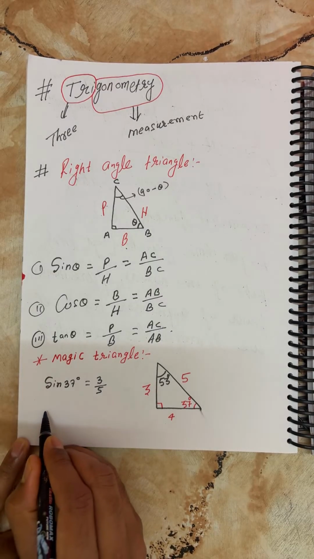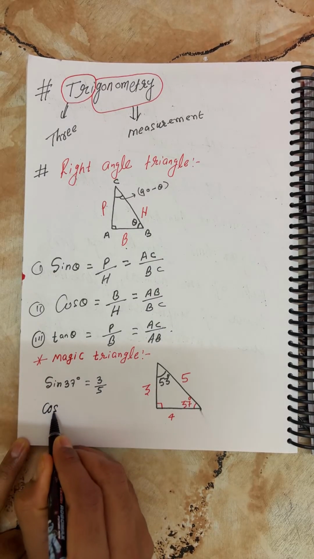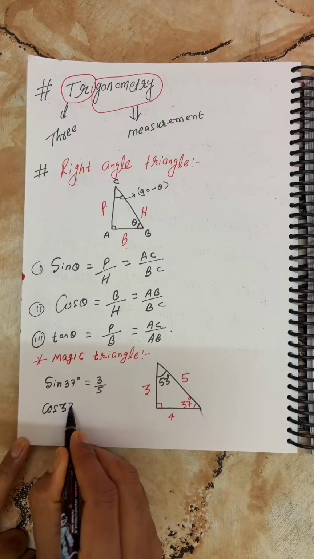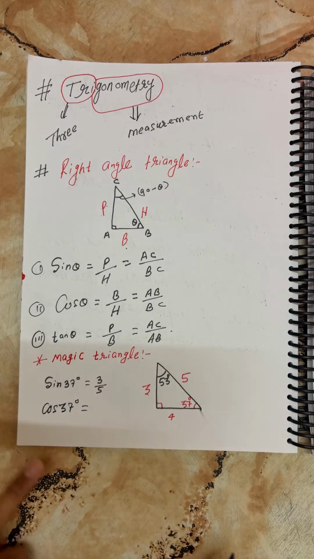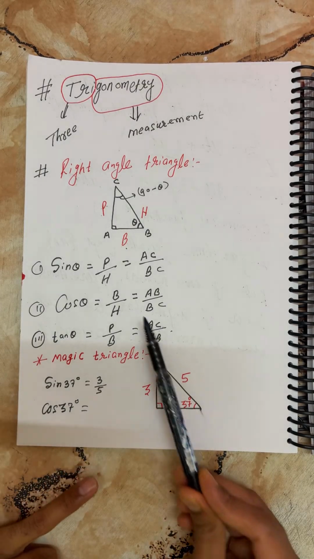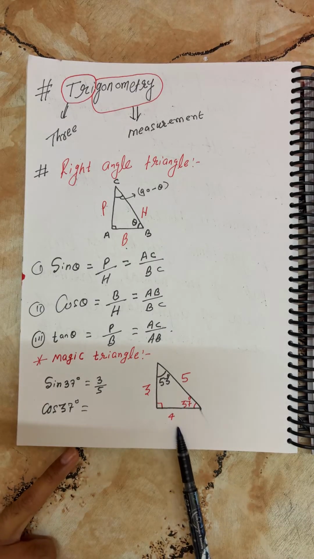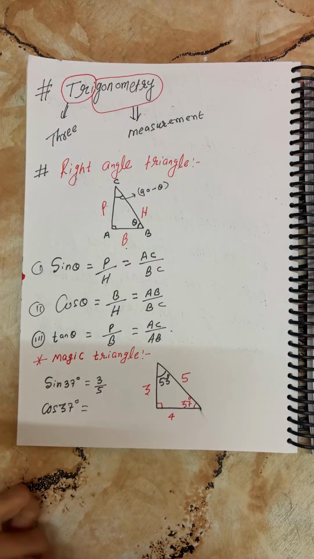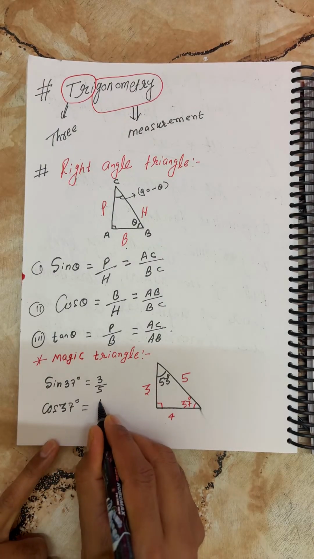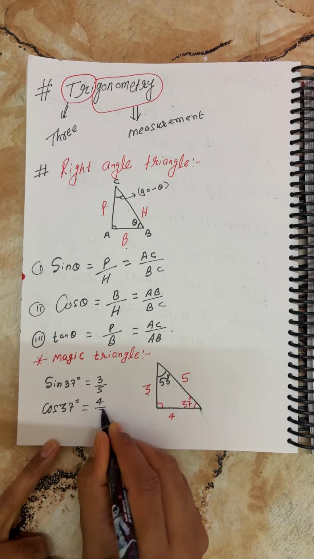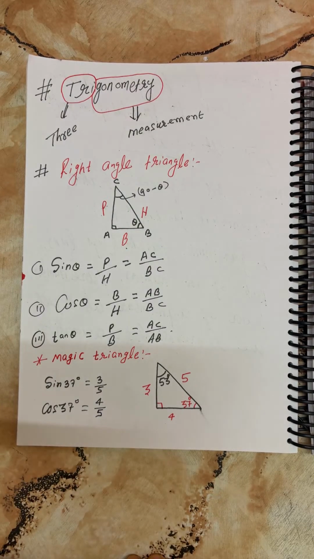Now tell me everyone, what is cos 37, kids? That is base upon hypotenuse. Base is 4, hypotenuse is 5, so you can write it as 4 upon 5. Right.